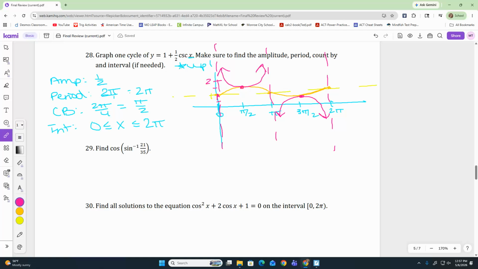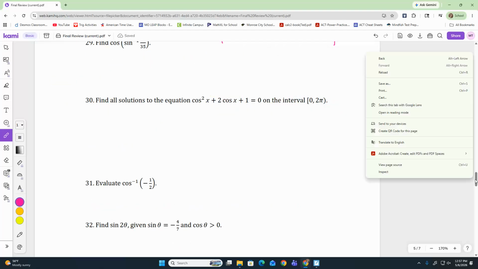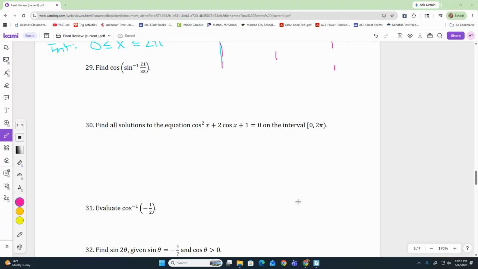Number 29. On the final, I would probably phrase this question a little bit differently and say, find the exact value. Exact value tells me I can't just plug this in my calculator. It's an inverse question, so it's one of our more recent things, and the answer to an inverse is an angle.